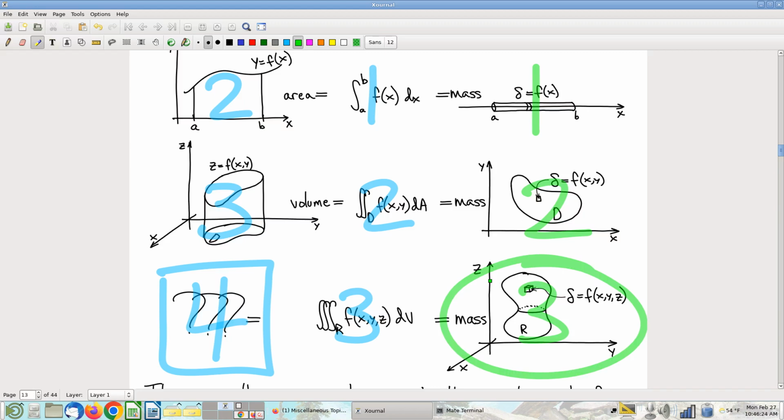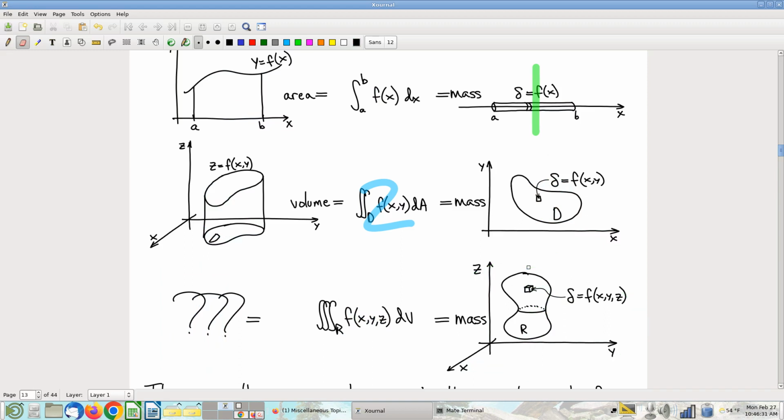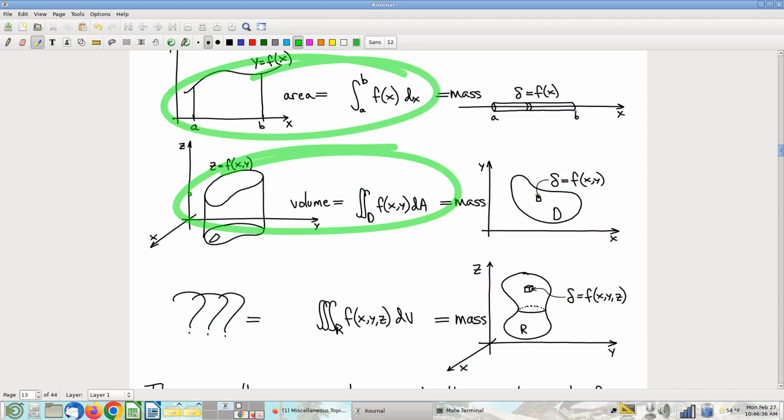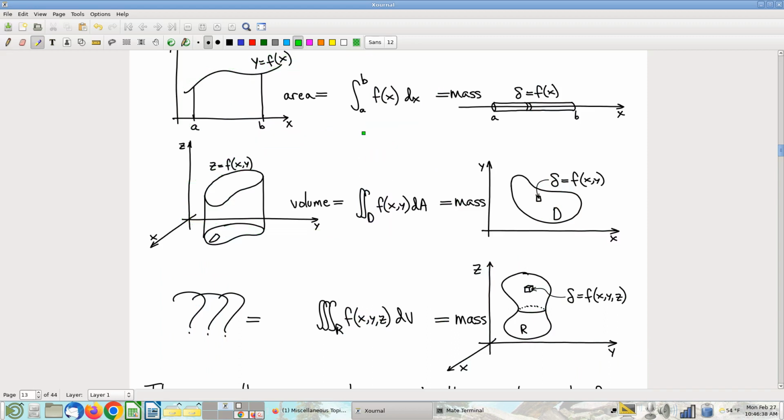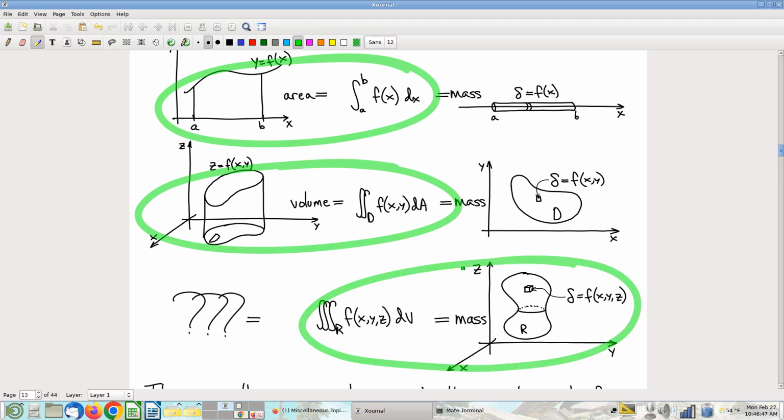Everybody see the problem? Be aware, all of this is fine. You are welcome to, and you should understand these points of view. The problem is that some students will insist on thinking of single variable integrals this way, double integrals this way, and then be forced into thinking of triple integrals this way, and never quite sort out why this three-dimensional picture and this three-dimensional picture are different.